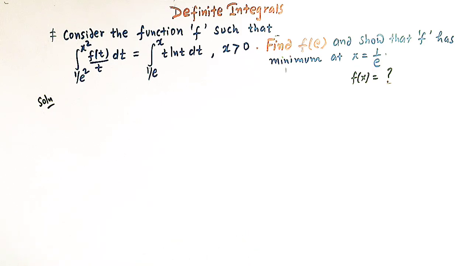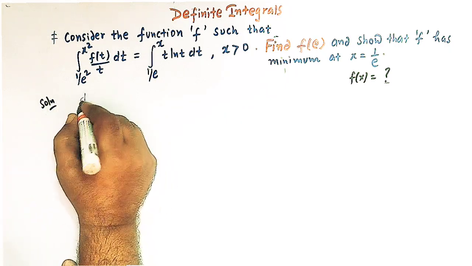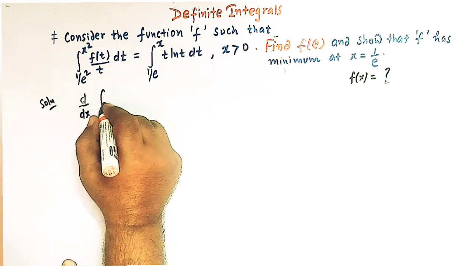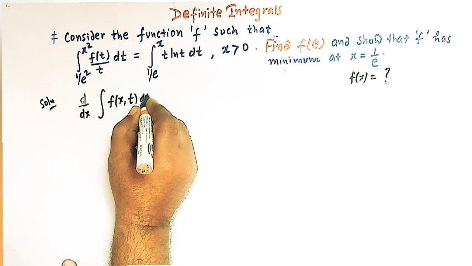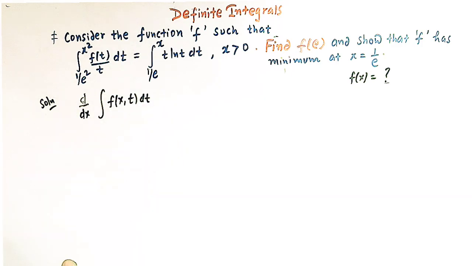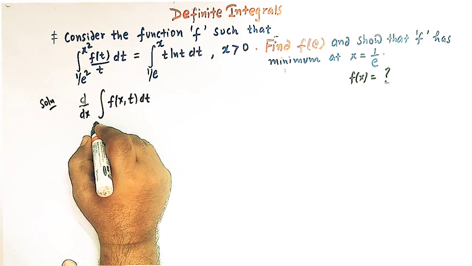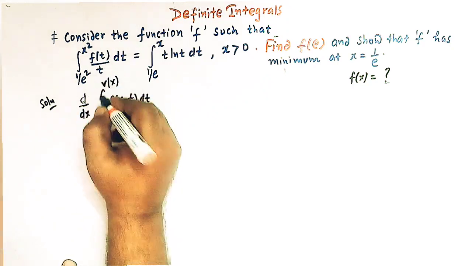So let us first quickly see the statement of Leibniz integral rule. Leibniz integral rule says that the derivative of the integral of f of x comma t dt, when the limits of integration are functions of x, suppose the lower limit is u of x and the upper limit is v of x, right?